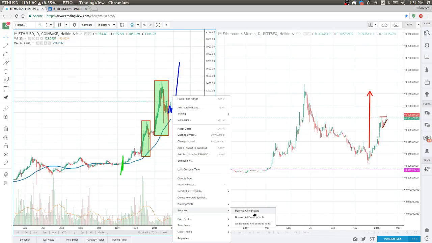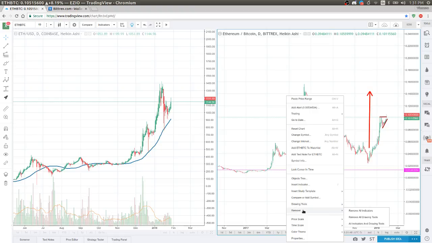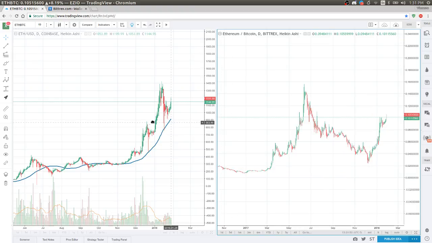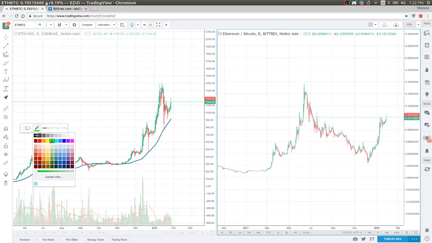Remove drawing tools. Okay. Even the USDT is pumping here, so they're both pumping right now. But what I want to show you, right there. November.